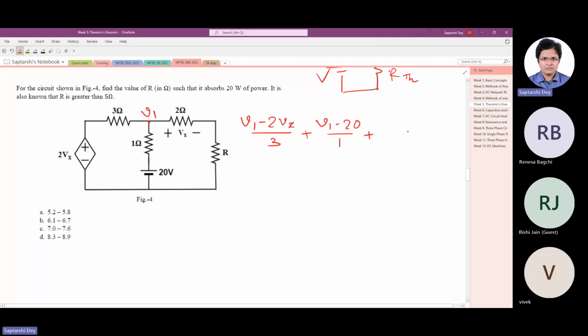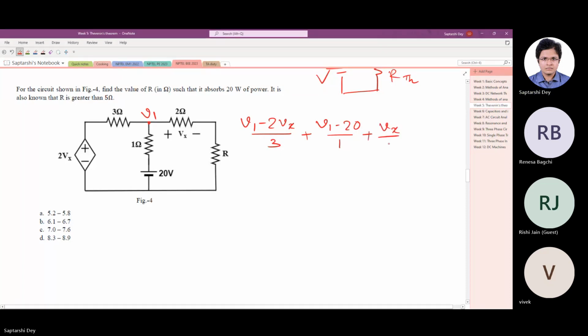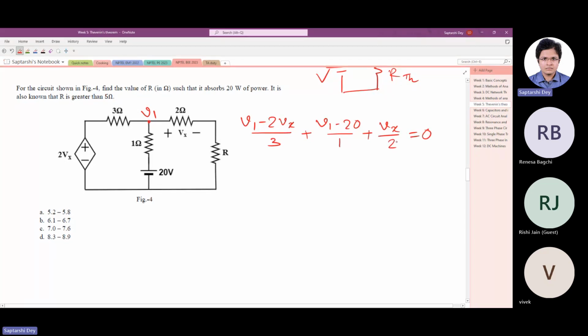What we are writing is how much current is going out, right? Going out. This is one equation. What is the other equation?